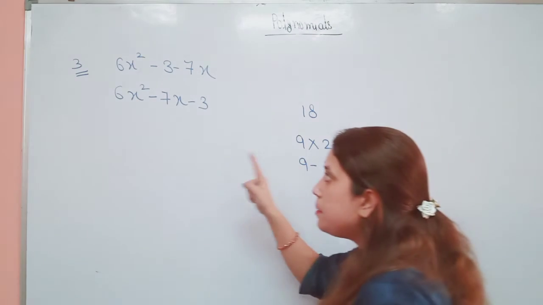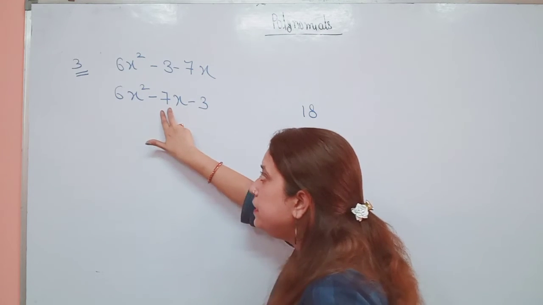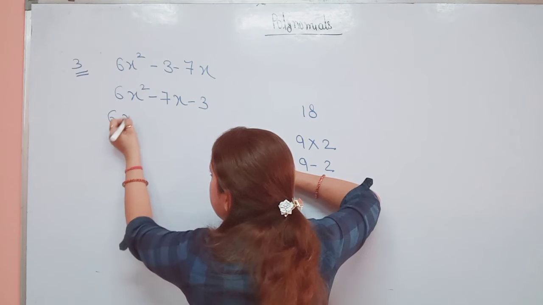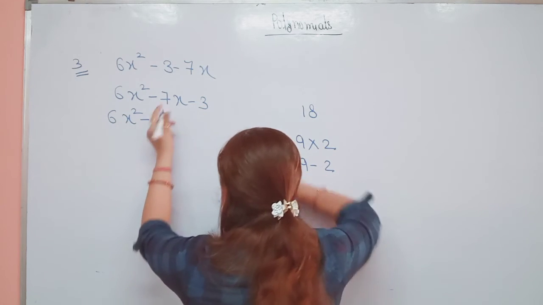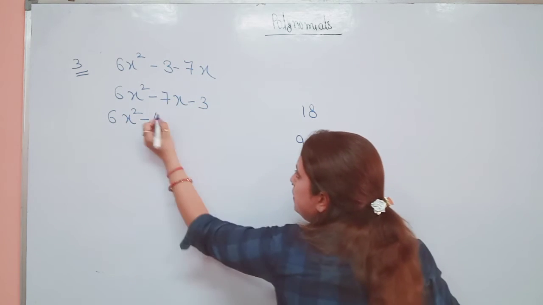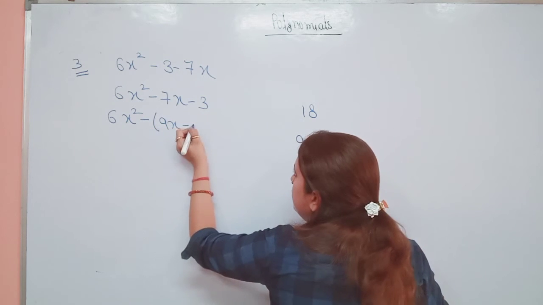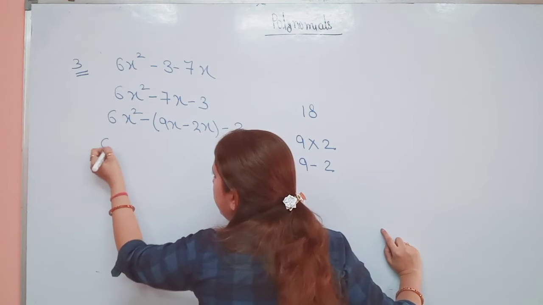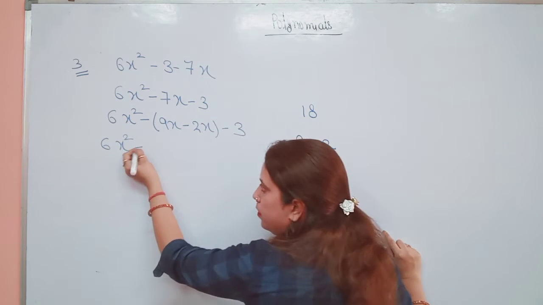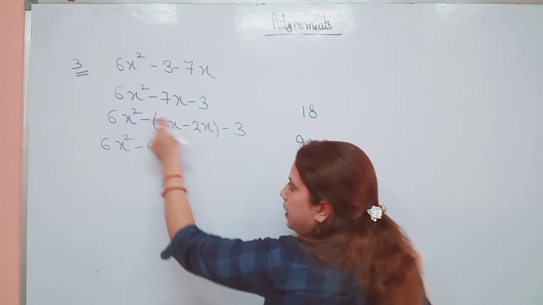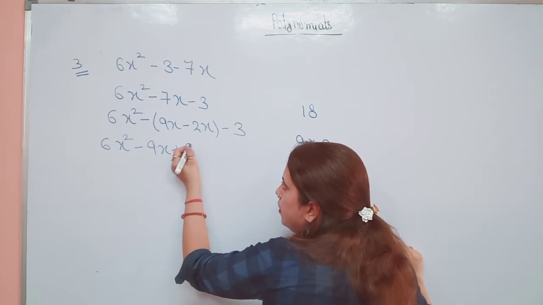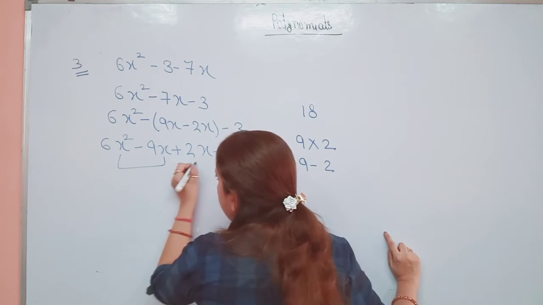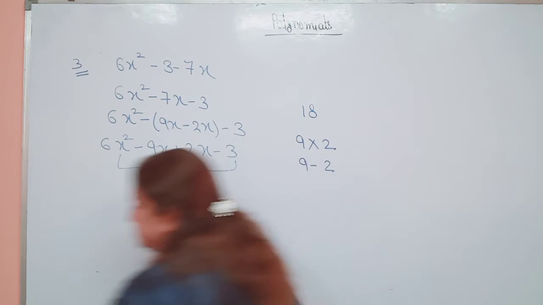Always remember that we write down the middle term within a bracket. So it will be 6x square, we split 7 as 9x minus 2x minus 3. When we open the bracket, it will be 6x square minus 9x plus 2x minus 3. Again, we'll make the pairs and take the common.